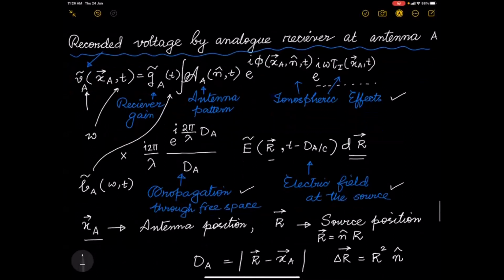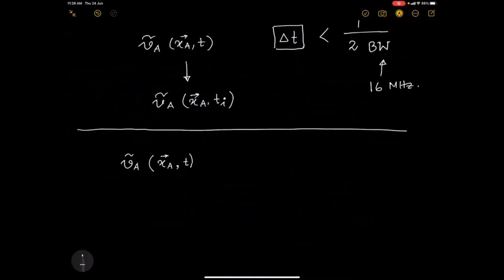And as I said, from now on, just for simplicity, we'll deal with only one frequency, so I'll not write it explicitly. Everything I write can be a function of frequency.